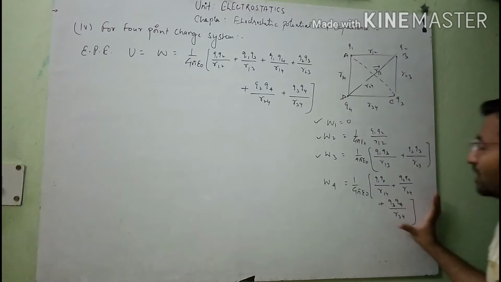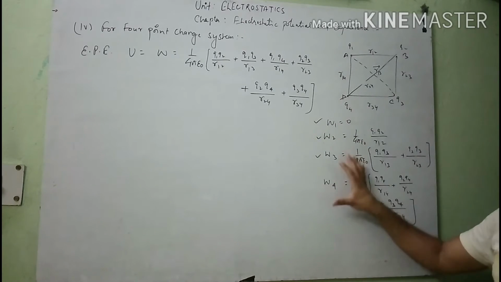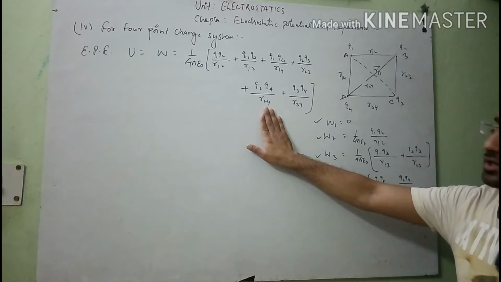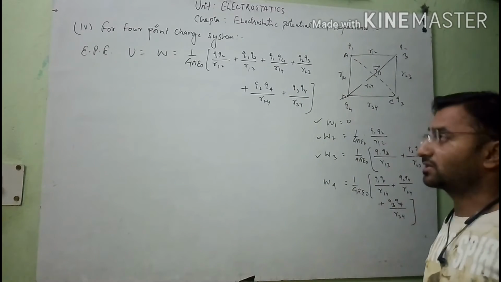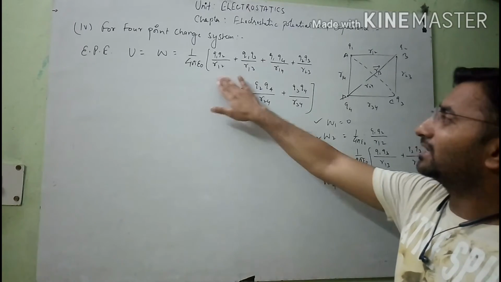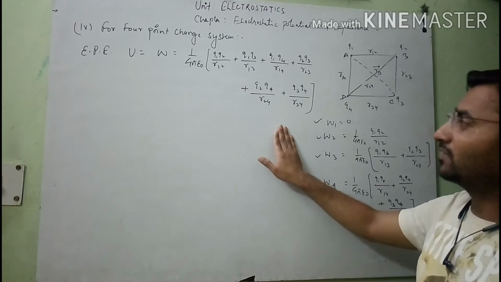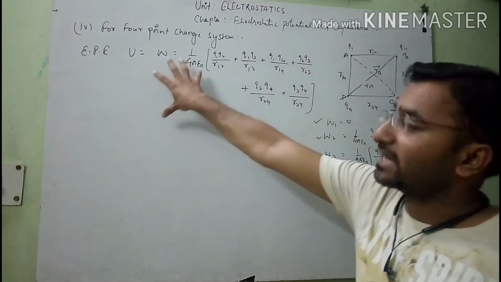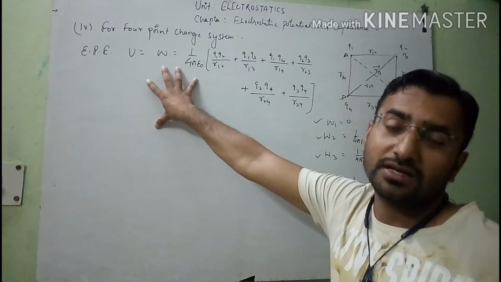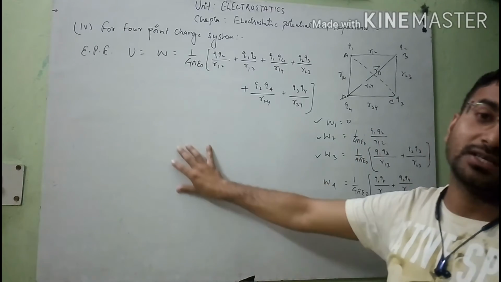At the end, I will add up all the work done, and we will get the total amount of work done in the 4-point charge system. I will add all the lines in front of you. The result will be this, and this work is stored as the electrostatic potential energy of the 4-point charge system.